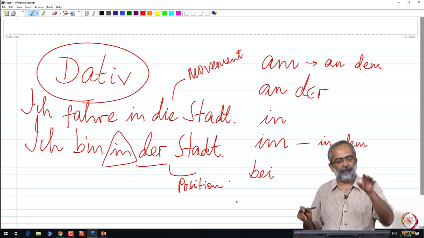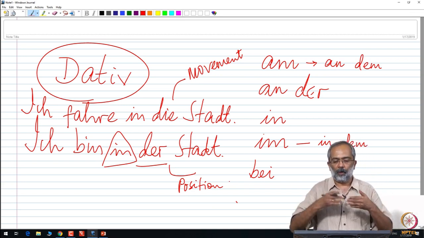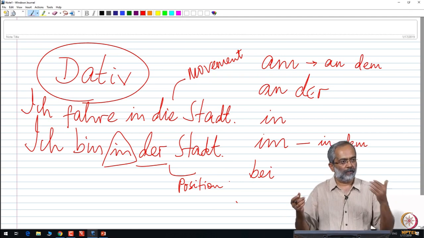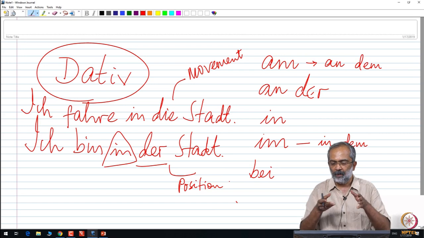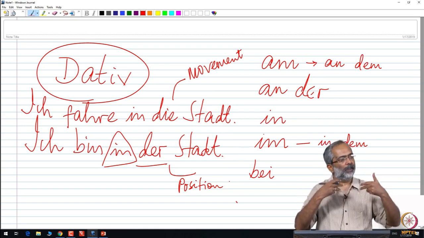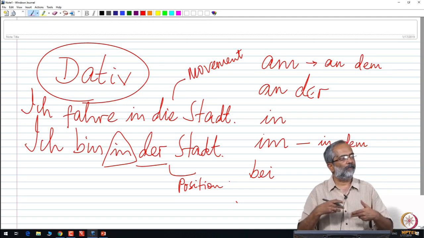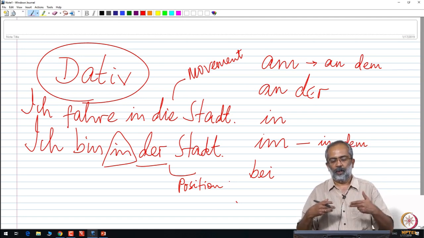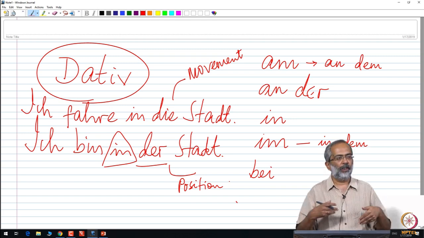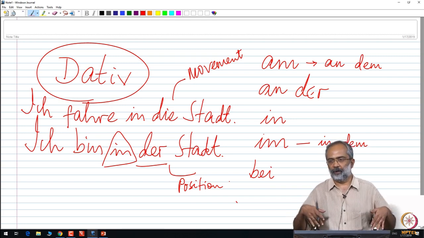As in the example, I walk into the room and I sleep in the room, it's a different sense: one is moving into that space, one is already in that space. This difference is shown in the German language through the use of accusative and dative. So, ich fahre in die Stadt, there is a movement, ich bin in der Stadt, no movement.